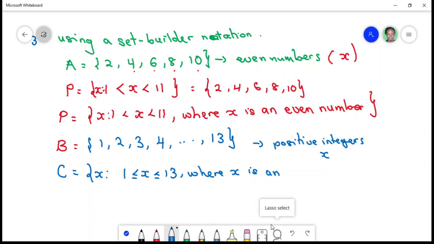Should I just say an integer? Because we have positive and negative integers and we are dealing with just positive integers. So x is a positive integer.